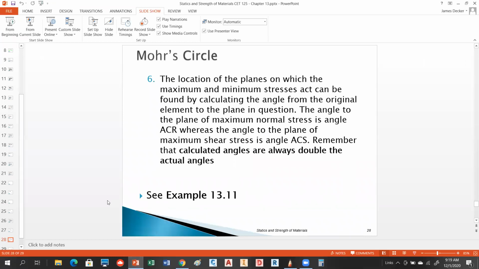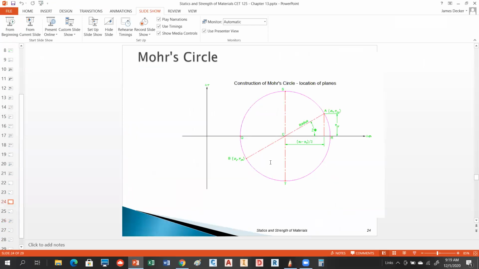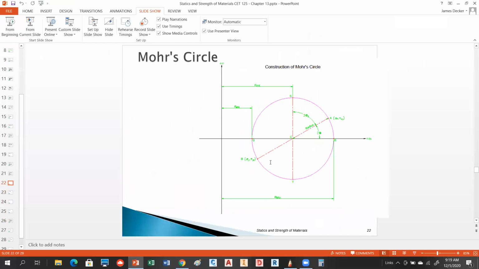Okay, so here's what we kind of did, all right? Now this picture is a little hard to see. You can open up my PDF on my website. It's a little bit better. But basically, you take that element and you determine, oh, hold on.